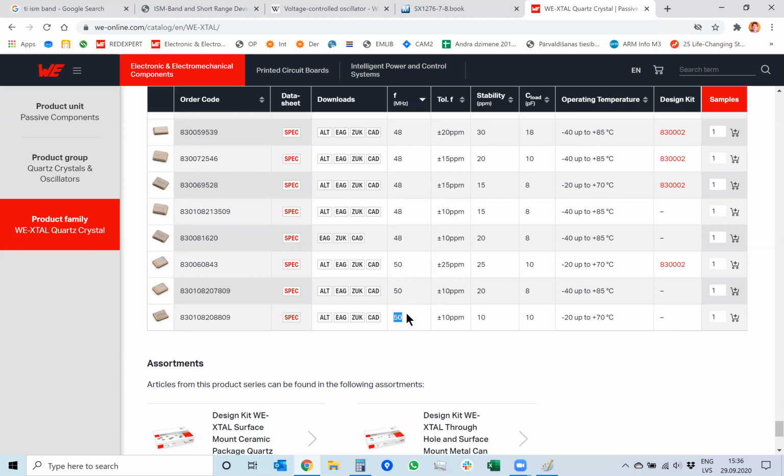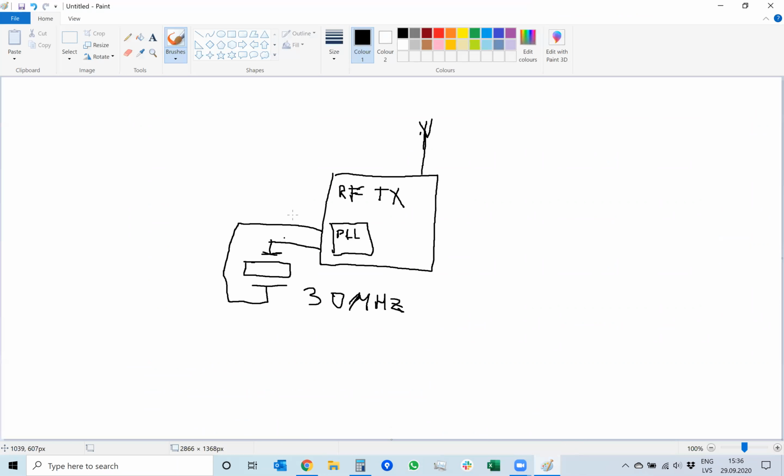So because these crystals at 800 megahertz cannot be built, we take a crystal with lower frequency, and then there is a very smart way to upscale, to multiply this frequency to get the frequency that we need. And this is done by this PLL block.